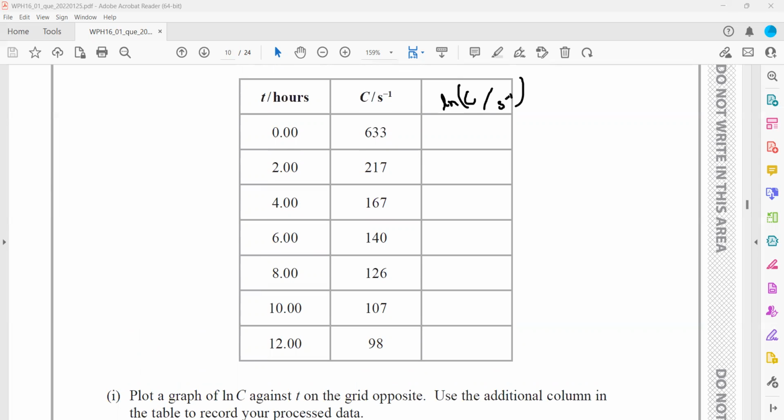And write the answers, and then you have to plot a graph, like ln 633, ln 217, ln 167, ln 140.